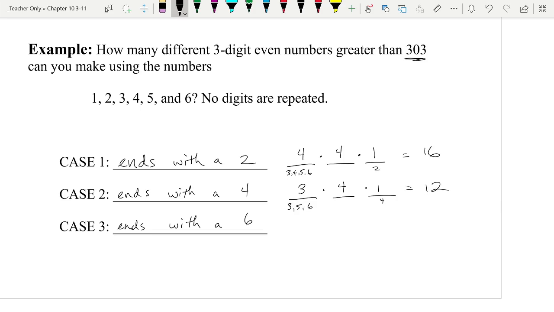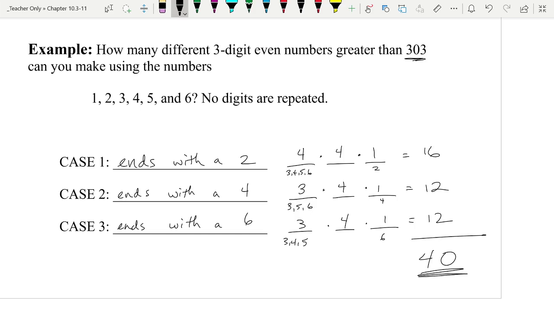This one's going to work out the same as that one. There's 3 possible places. This one has to be a 6. There's only one 6. But now this can be 3 or 4 or 5. There's only 3 choices for that. There's still 4 in the middle. So there we go. Grand total, 40 possible even numbers bigger than 303 that I can make with the numbers 1, 2, 3, 4, 5, and 6.